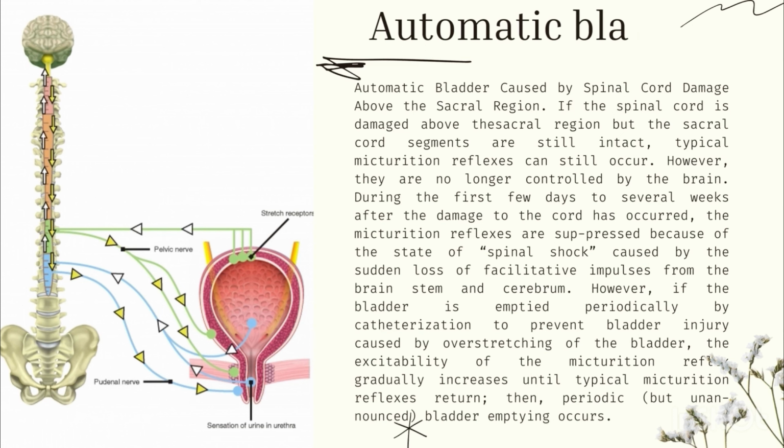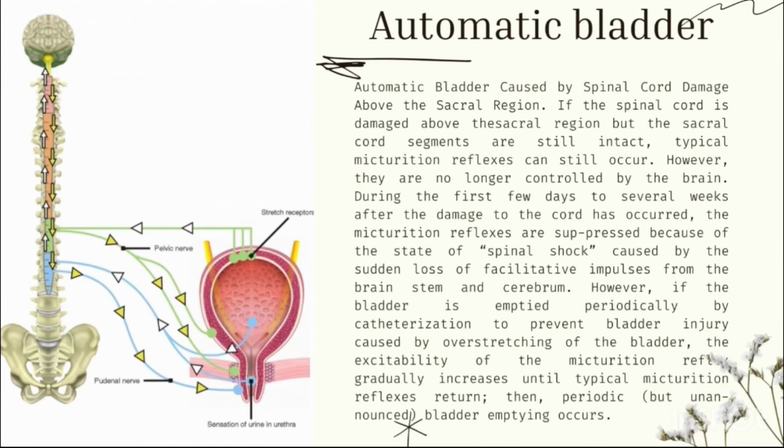Coming to the automatic bladder, which is caused by spinal cord damage above the sacral region. If the spinal cord is damaged above the sacral region, but the sacral cord segments are still intact, typical micturition reflexes can still occur. However, they are no longer controlled by the brain. During the first few days to several weeks after the damage to the cord has occurred, the micturition reflexes are suppressed because of the state of spinal shock, caused by the sudden loss of facilitative impulses from the brainstem and cerebrum.